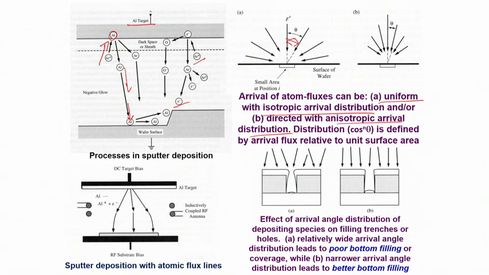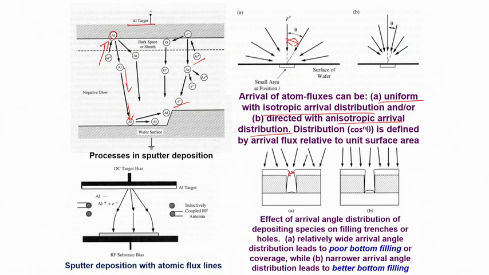In this kind of situation, if you want uniform deposition coming from the top, then these trenches here, the opening being so small, may not be able to allow entry of a sufficient number of atoms into the trenches, and in the process you get very poor coverage at the bottom of the trench.